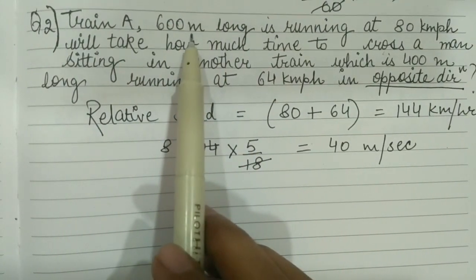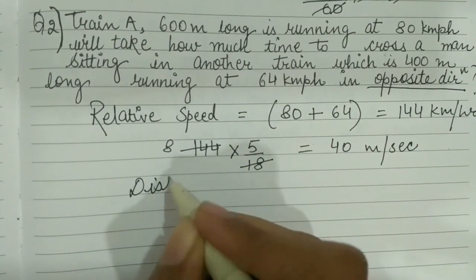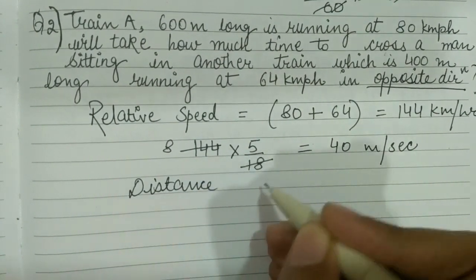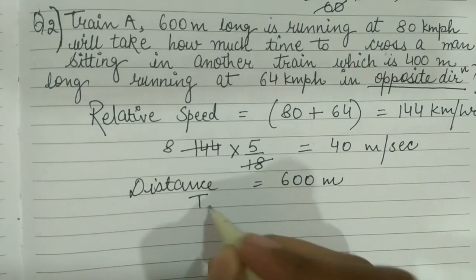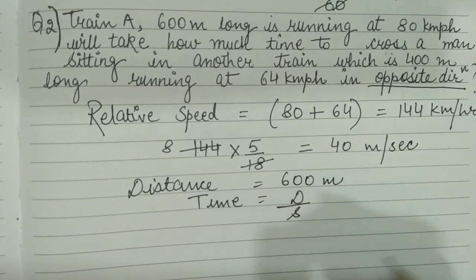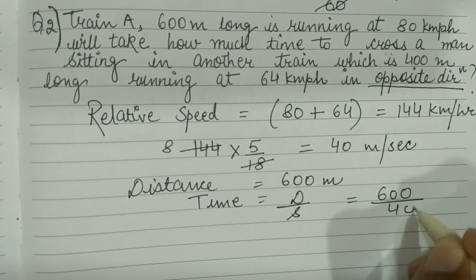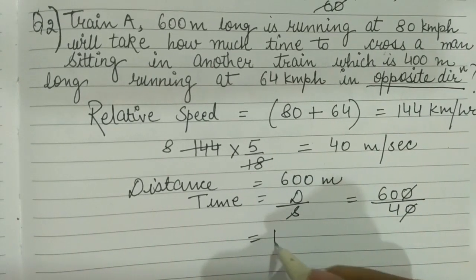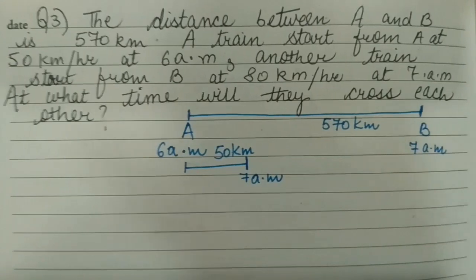So this train is overtaking the other. So our distance will be 600 meters. We are asked time. The formula to calculate time is distance upon speed. Distance is 600, speed is 40. So it is going to take 15 seconds.